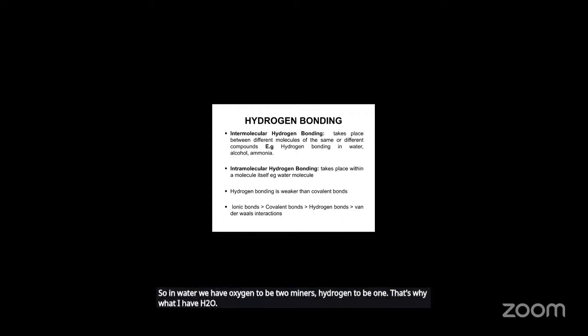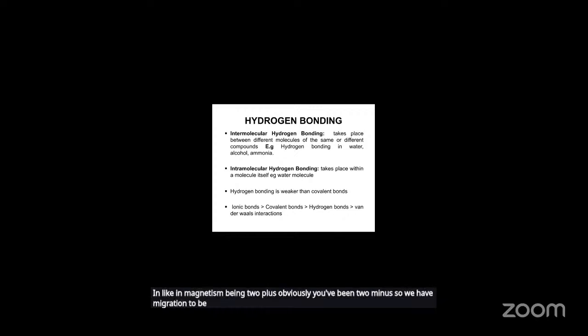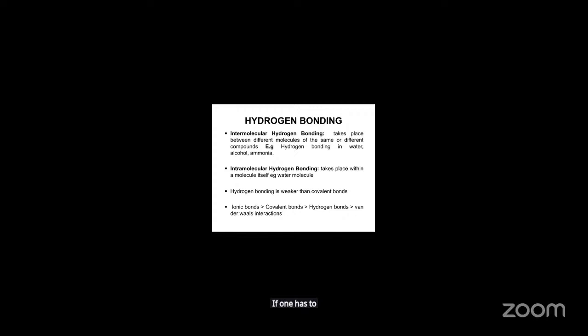That is what we use to combine in reaction, what we use in forming compounds. With magnesium being 2+ and oxygen being 2-, we have MgO because the 2s annul themselves. But if the charges are different, they will cross themselves and form a compound. So that's the combining power.